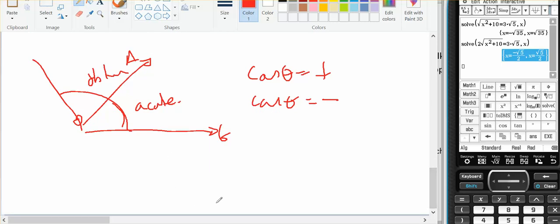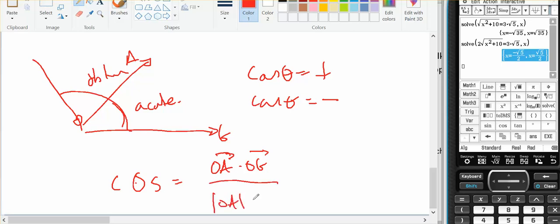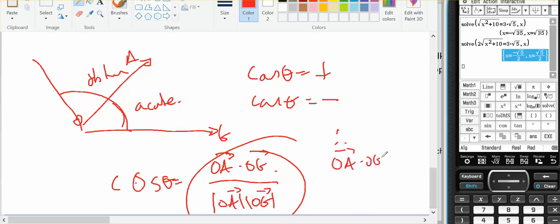Therefore, if I'm going to use cos, it is OA dot OG over the magnitude of OA times the magnitude of OG. And for this to be negative, well, the bottom won't be negative because magnitudes are positive. Therefore, I'm looking for when the dot product, OA dot OG, is less than 0.